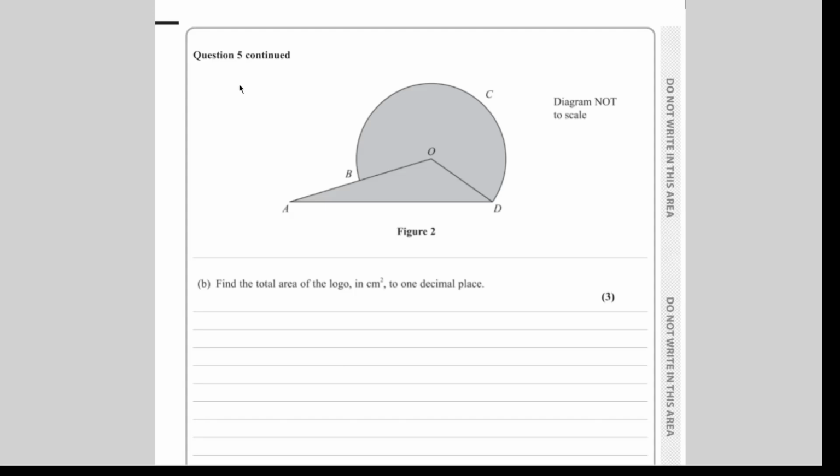Part B, find the total area of the logo in square centimeter. So we know that this much is 8 centimeters. This is 8 centimeters. And this is 3 centimeters.